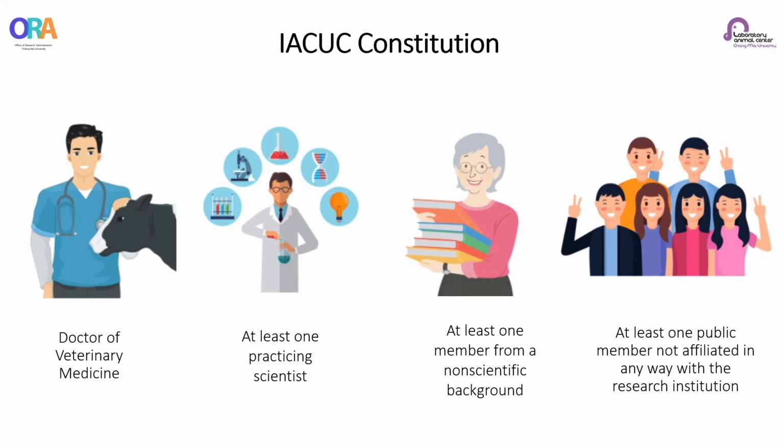At least one member from a non-scientific background, and at least one public member not affiliated in any way with the research institution, to represent community interest in animal welfare. The size of the IACUC is determined by the nature and extent of the program. However, no more than 3 members should be derived from any single administrative unit within the institution.